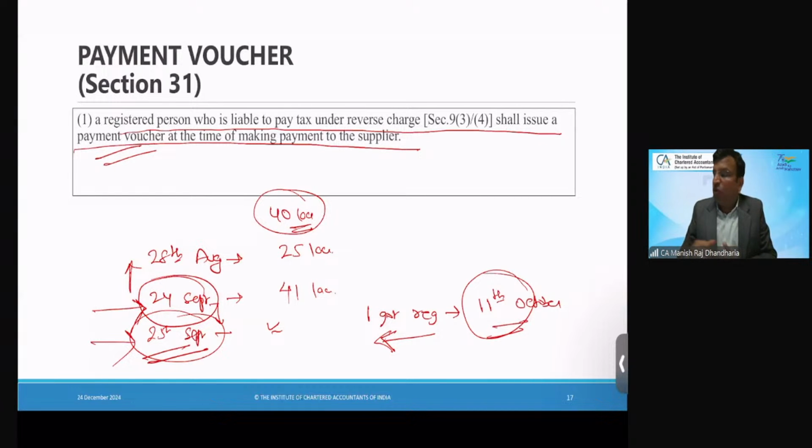Same वही format होगा. मैं revised invoice issue करके tax collect करके जमा कर दूंगा.